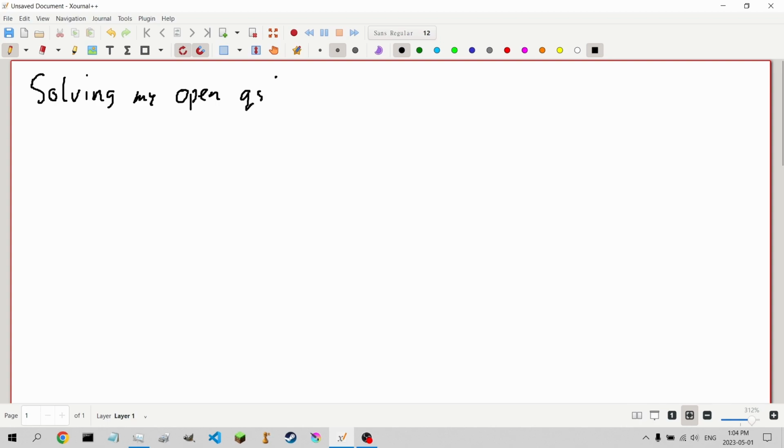So first off, before we mentioned that the group GR alpha of G is abelian, and I wanted to know why.